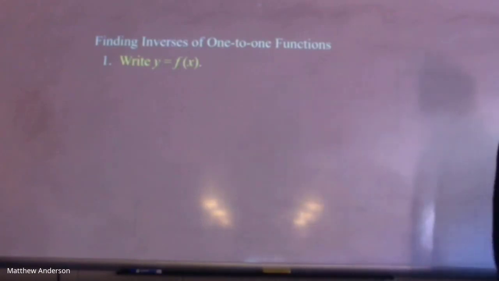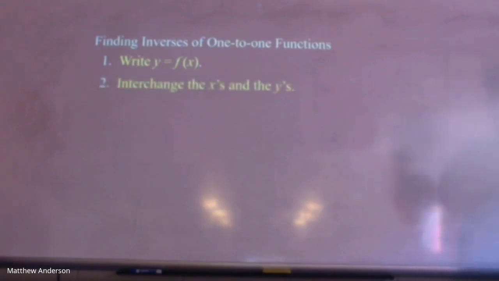After we've done that, the whole deal with inverses is that they're going to undo each other. And what happens algebraically when you do that is the x's and y's switch around. So our next step is we interchange the x's and y's. Anywhere there was a y, we put in an x. Anywhere there was an x, we're going to replace it with a y. Those are the 2 easy steps.